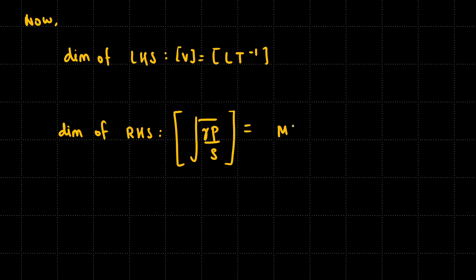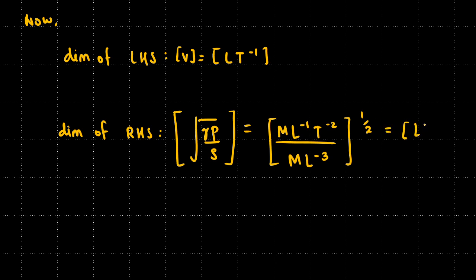The dimension of pressure is ML minus 1 T minus 2 divided by the dimension of rho, which is ML minus 3, and it is raised to a power of 1/2 because square root means 1/2. Okay, so now if you simplify this, you will get L square T minus 2 to the power 1/2, which means the dimension of RHS is L T minus 1.